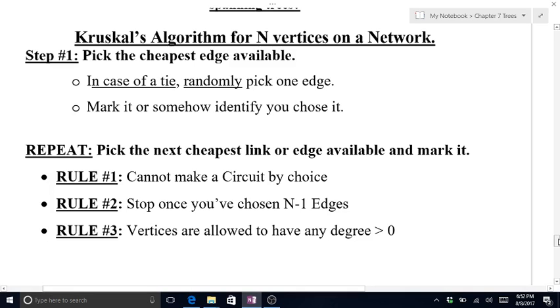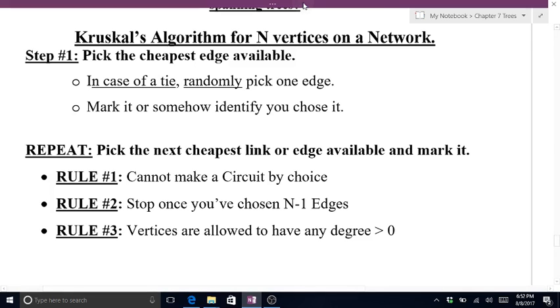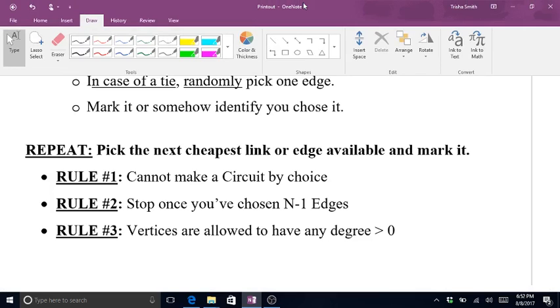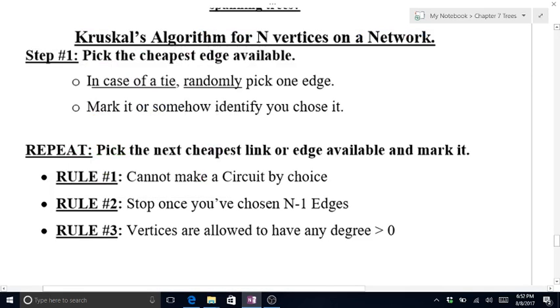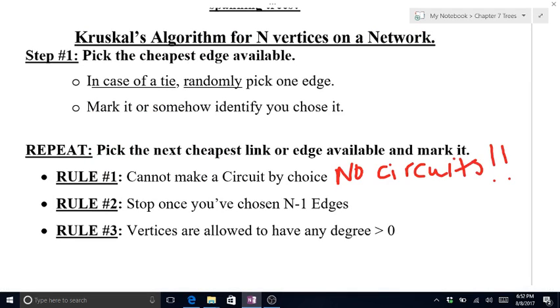Okay, you've got 3 rules. Your rules change. Rule number 1, you cannot make a circuit by choice. There are no circuits. Remember, spanning trees have no circuits. Stop once you've chosen n-1 edges.